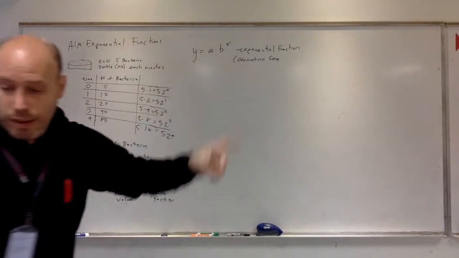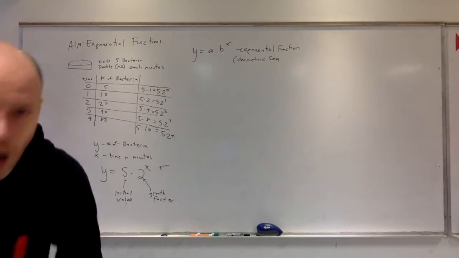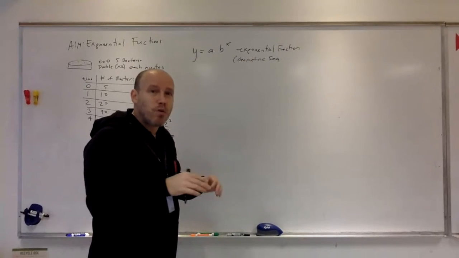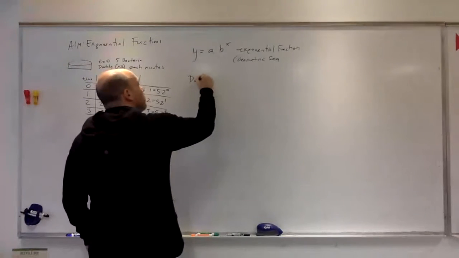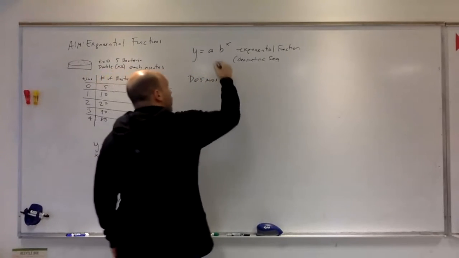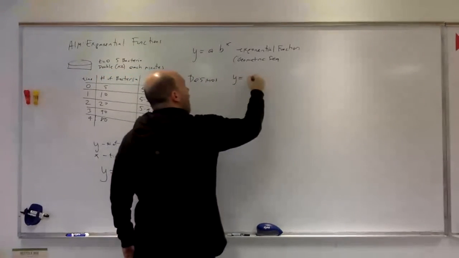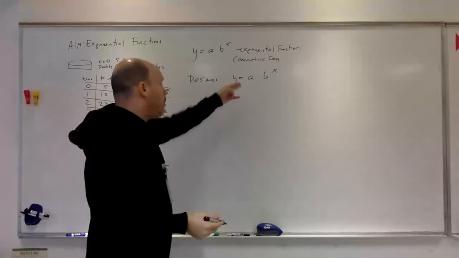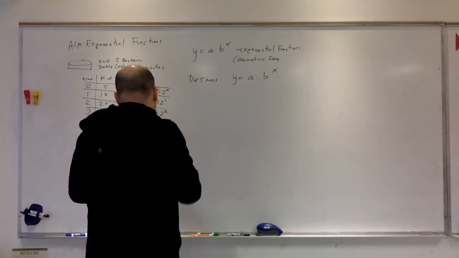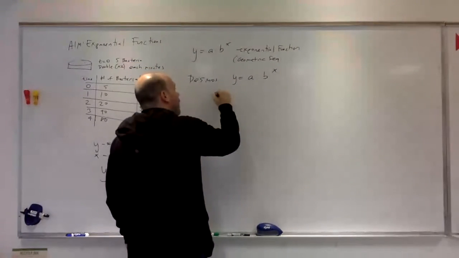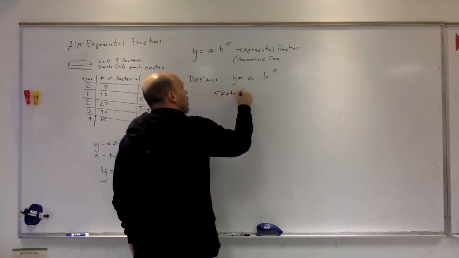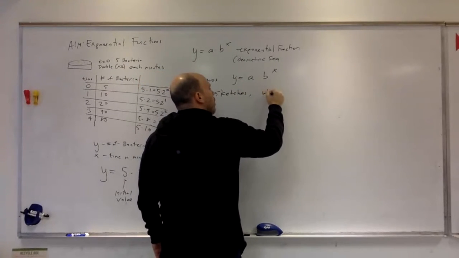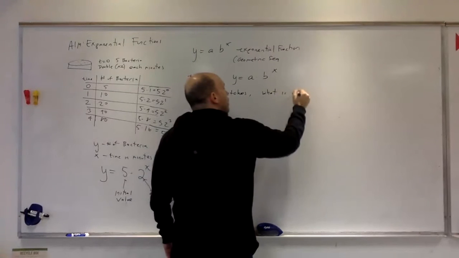So let's continue with this. What I want you to do is go to Desmos right now. I'm going to switch over to Desmos, but you're going to go to Desmos and put this equation in: y equals a times b to the x. And I want you to make some sketches, and explain what a is.